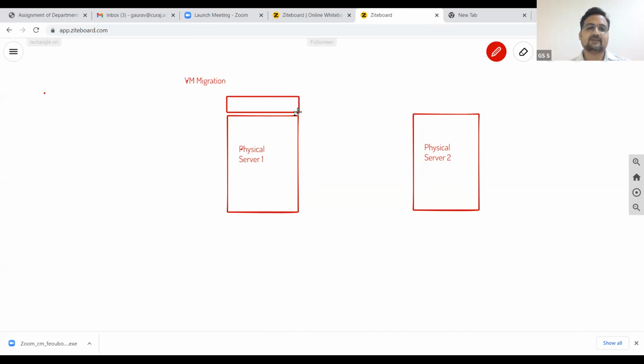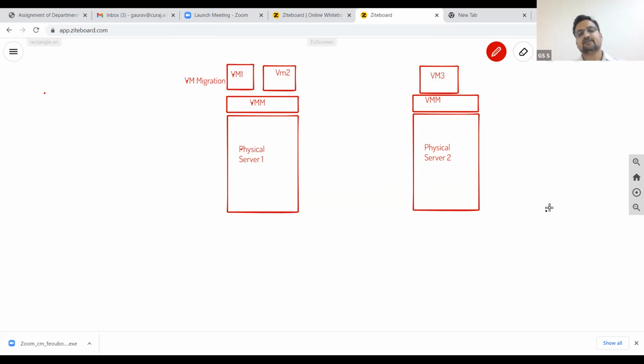It means it has a hypervisor. This also has a hypervisor. I write VMM for short. There are multiple virtual machines running. Two virtual machines here and one VM here. The names of the virtual machines are VM1, VM2, and then VM3.